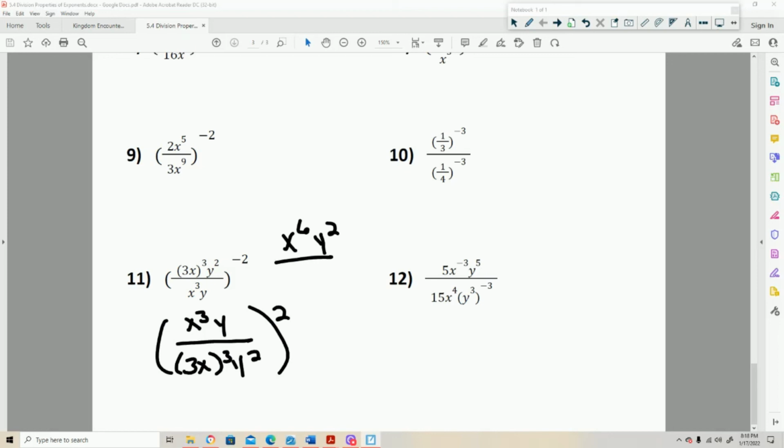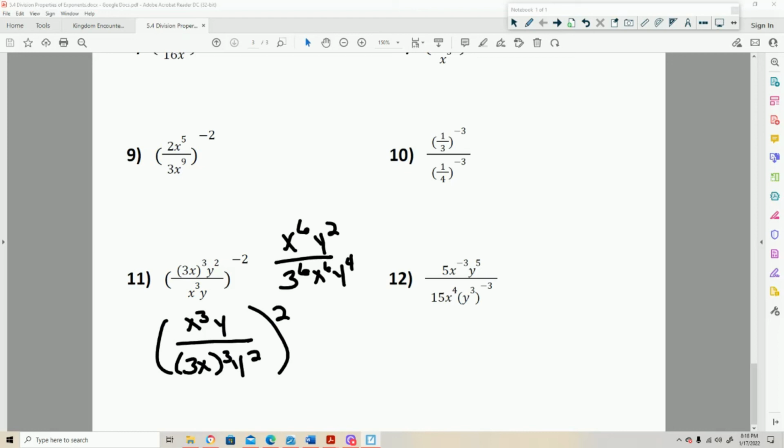Okay, on the bottom here, I've got to distribute this power. So I've got a 3 here and a 3 here. Well, 3 to the third raised to the second is 3 to the sixth. x to the third raised to the second is x^6. And y^2 raised to the second is y^4.